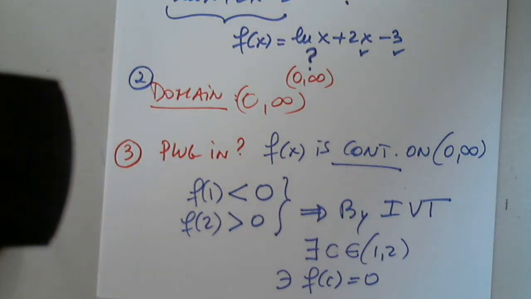Is this okay? Do we understand this mechanism? Yeah. So this is the IVT. Please remember it because we're going to need it again in chapter 4.